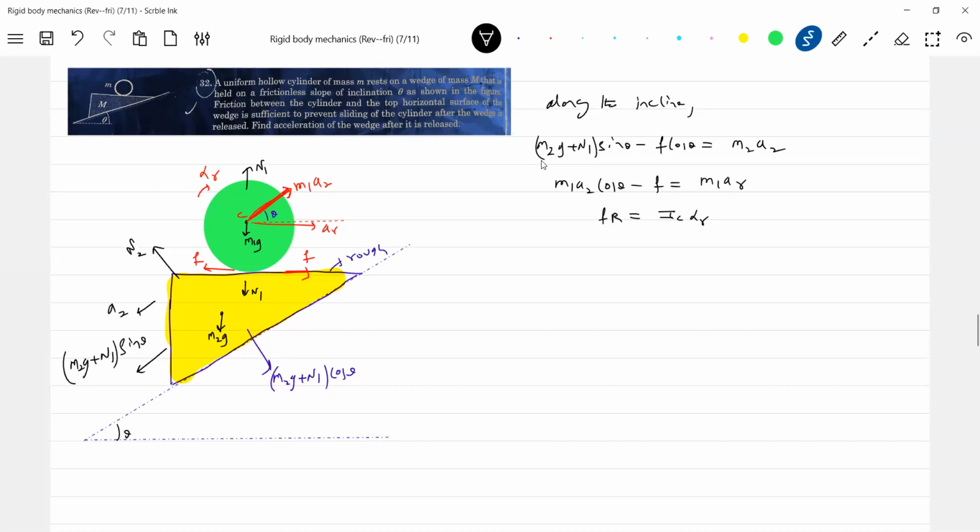Let me write it. Then can I write AR equal to R alpha, or should we not write? One more equation, N1.